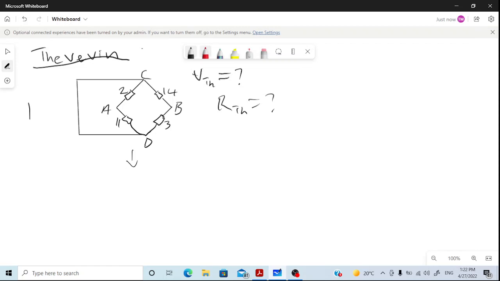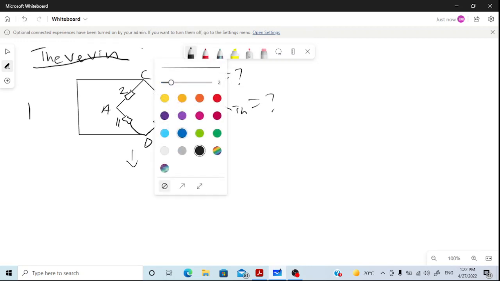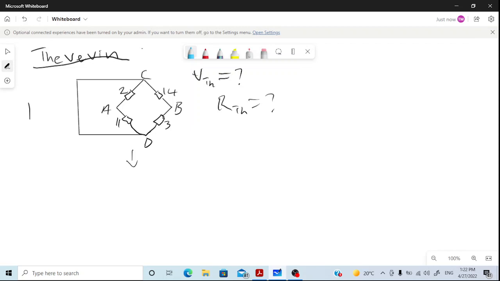Here I'm going to draw it not in the red pen or the blue one, so make sure you disregard the black one. I'm going to draw that extra line here. Okay, so right now this is our new circuit, just removing that short circuiting line and putting it between C and D.